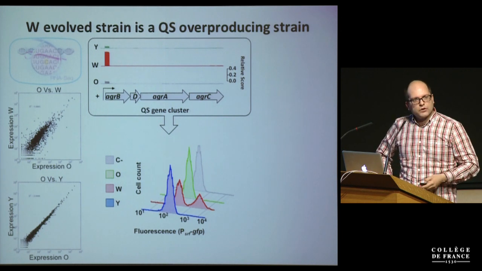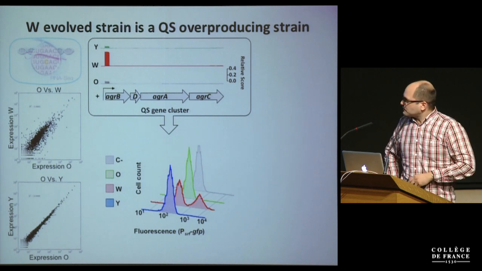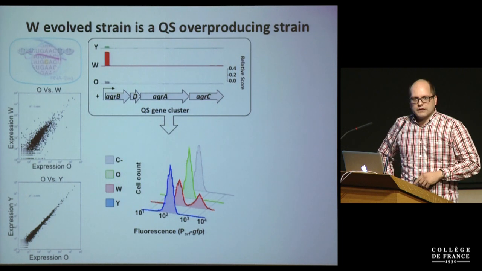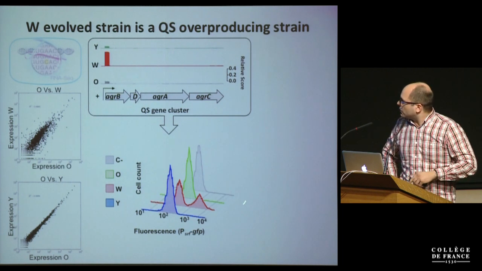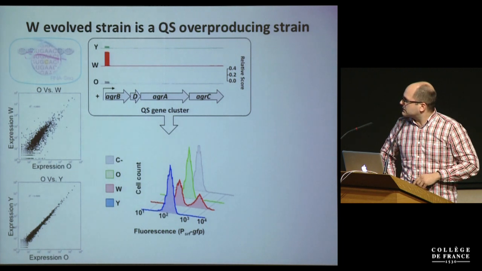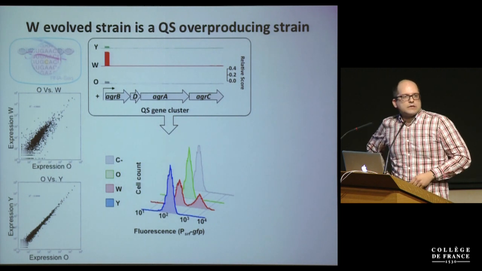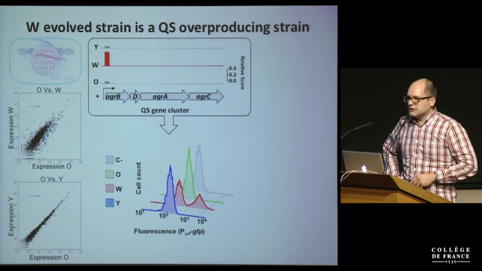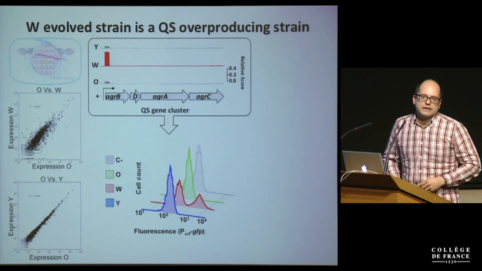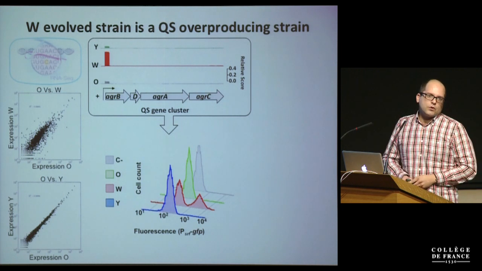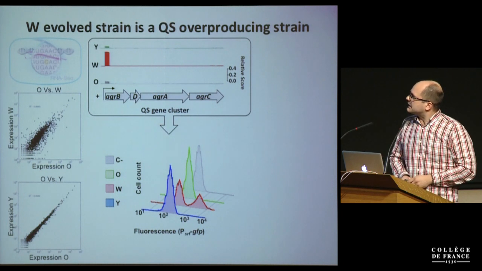We also monitored production of the quorum sensing molecule using our orthogonal system that we generated in Bacillus subtilis, showing that the supernatant from the white strain is able to activate our orthogonal system in comparison to the others. So it seems like the white strain is a hyperproducer of the quorum sensing signals in Staph aureus.